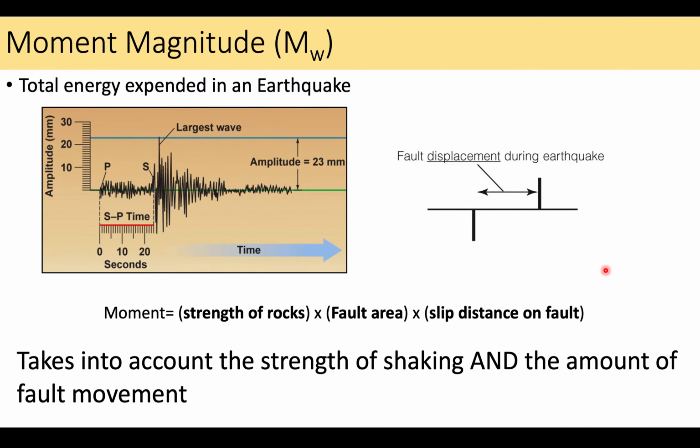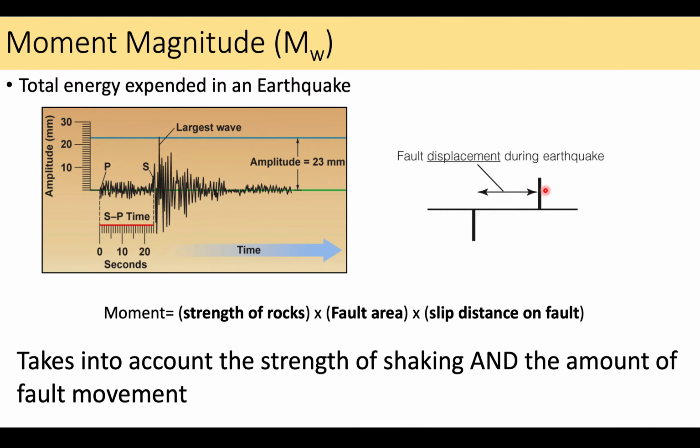The moment magnitude scale, however, looks at the total energy expended during the earthquake. So it takes into account the strength of the rock, the fault area, and the slip distance on the fault. So how much or how far did the fault actually slip?